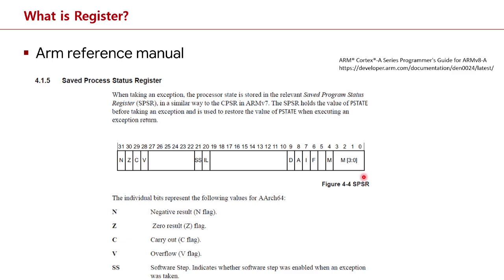In this case, the exception level is contained in bits 0 to 3. And the exception bit mask can be controlled and written in this bit flag. So analyzing this kind of Arm reference manual is the first step to understand how the registers are organized and structured.